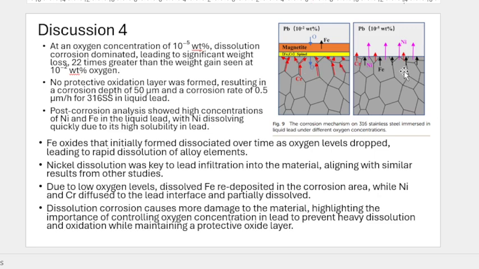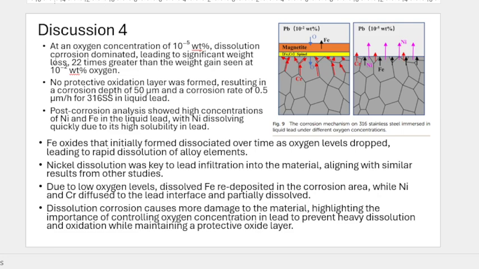However, for 10 to minus 5 weight%, we can see the dissolution of chemical content. At 10 to minus 5 weight%, dissolution corrosion dominated, leading to weight loss 22 times greater than the weight gain seen at 10 to minus 2 weight% oxygen.